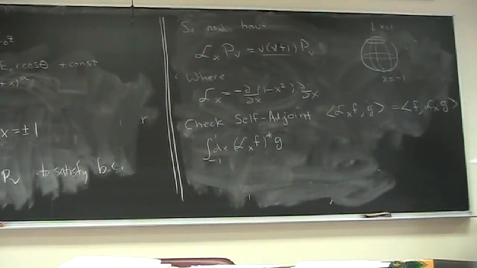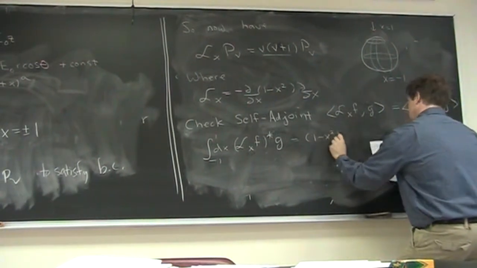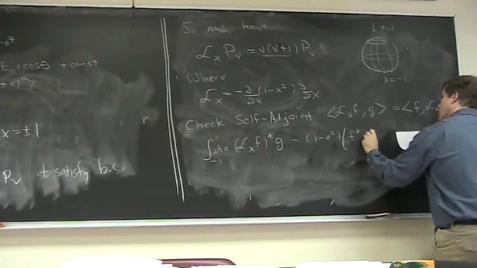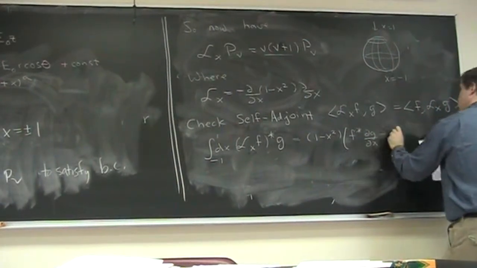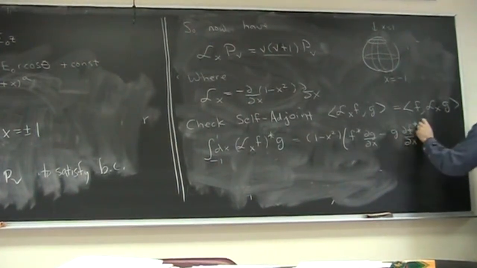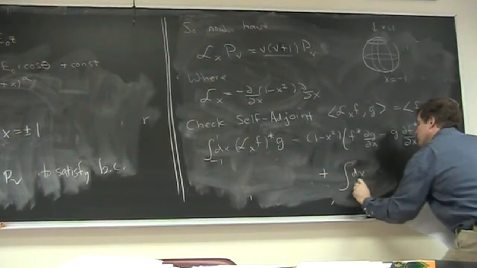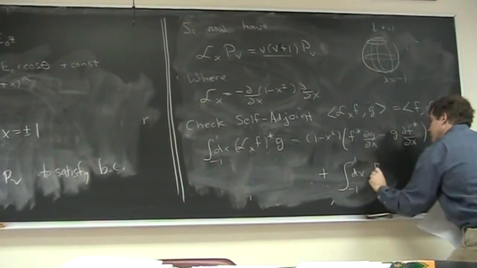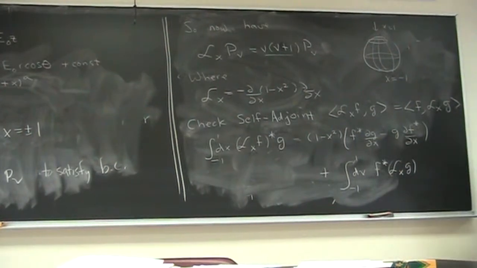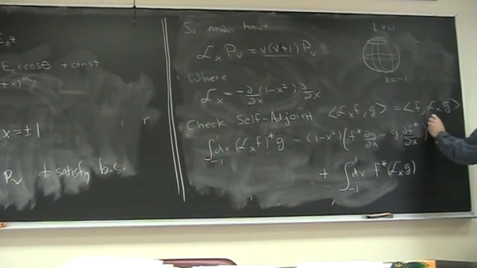And that's how you check whether something's self-adjoint. So integrating twice by parts, you will find the following. 1 minus x squared. What always arises there is this Wronskian of the two functions. So L of x acting on g, and of course, this is the boundary condition.